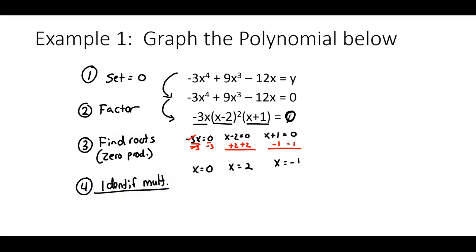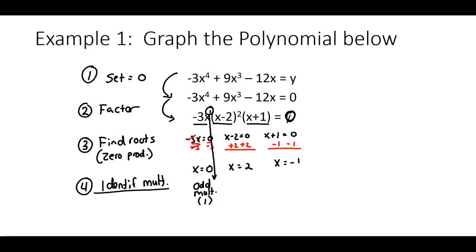So what are the multiplicities of these roots? Well, for the first root, we had 3x to the first power. That's an odd power, and when you have an odd power, that means we have an odd multiplicity of 1. I'll put 1 in parentheses just so we know what the power was.